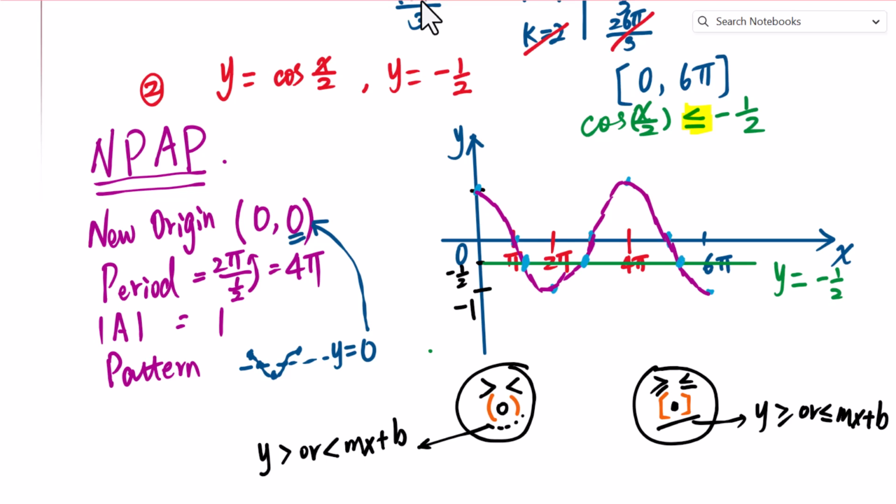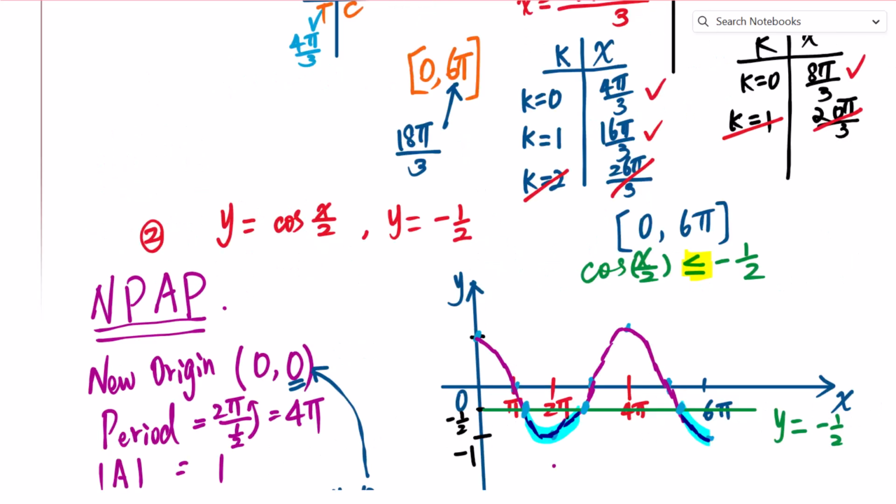Less than or equal to -1/2 means below y equals -1/2. This will be the solution. But how to label these intersections? Go back here. So this is 4 pi over 3, 8 pi over 3, 16 pi over 3.